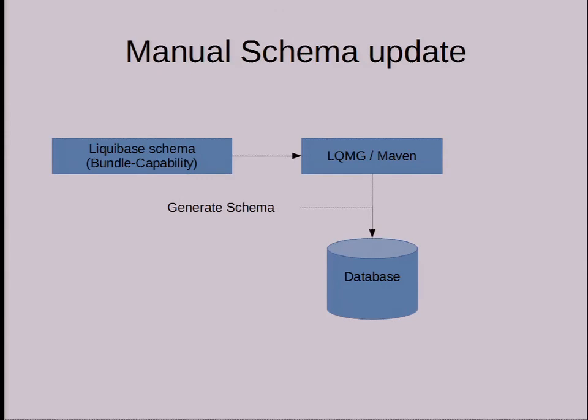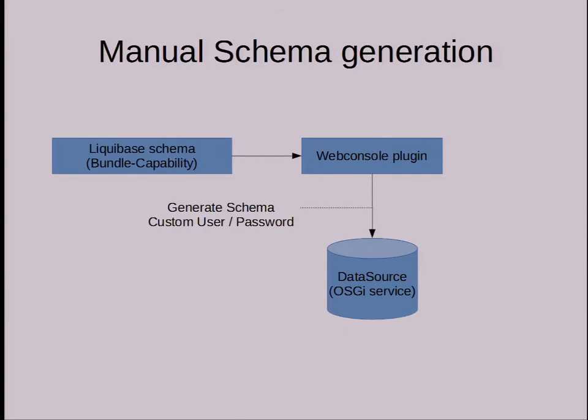We need manual schema update because often at companies your application doesn't have permission to change the database schema, create tables or update them. So it should be possible to call upgrade database via RQMG or Maven with a separate username and password. Also, it should be available via Web Console plugin.